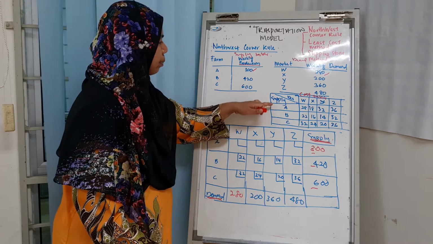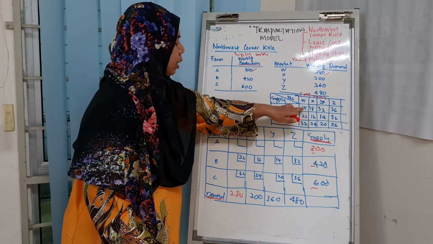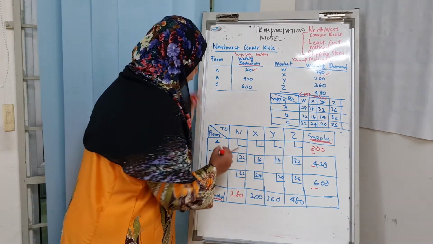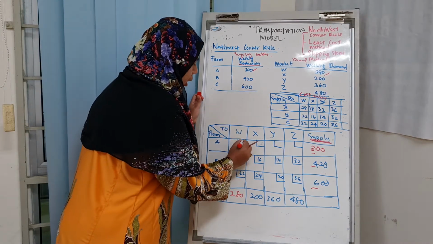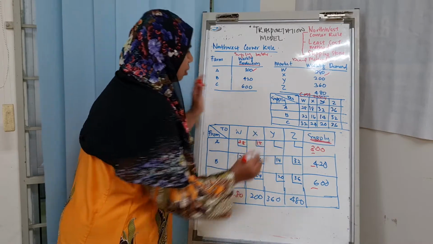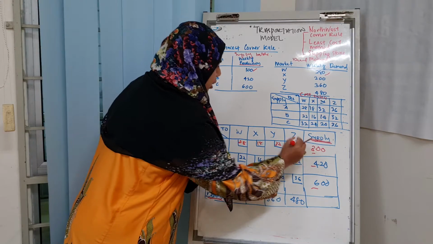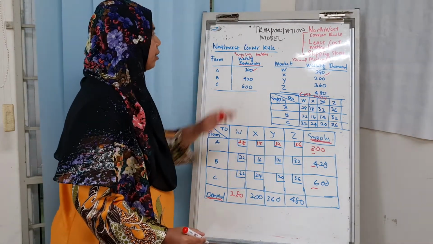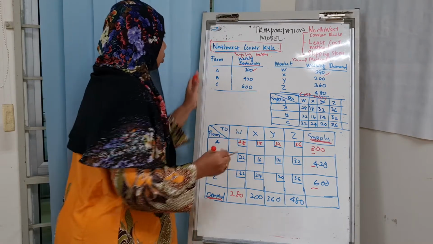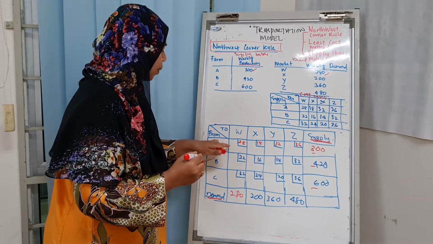In this table, the supply from A to W costs 28 ringgit. A to X is 18, Y 32, and Z 36.